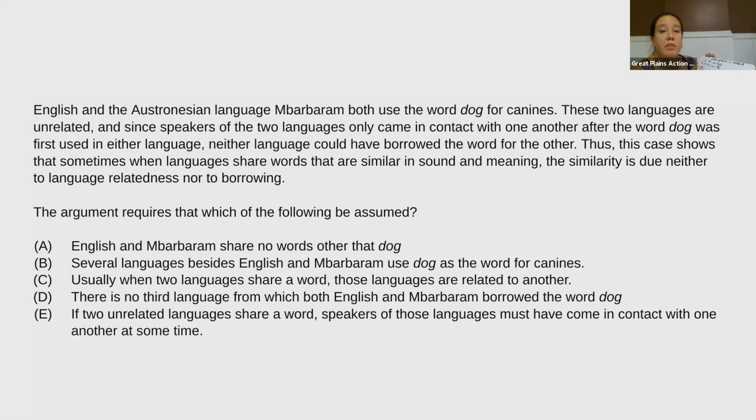And since the speakers of the two languages only came into contact with one another after the word dog was first used in the language, neither language could have borrowed the word from the other. So they're not related, and we have an "and" there. Not borrowed from each other.